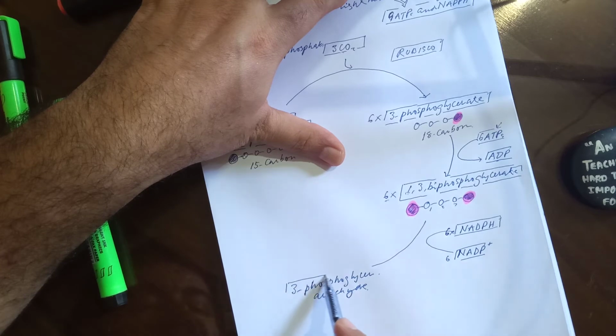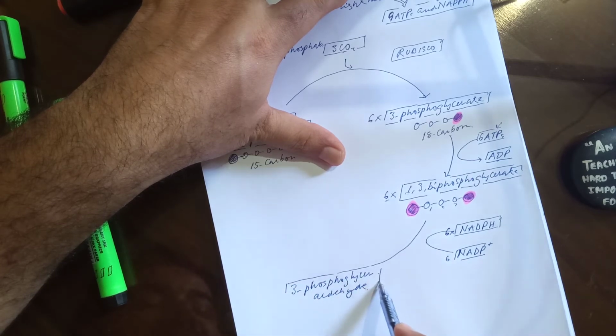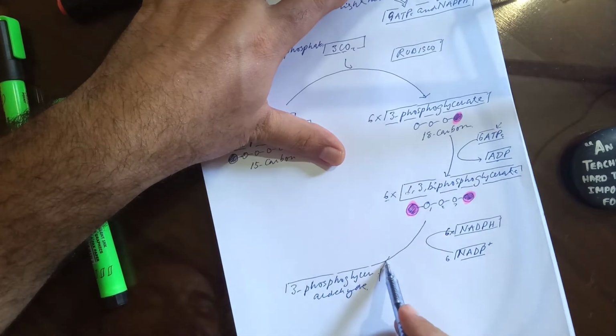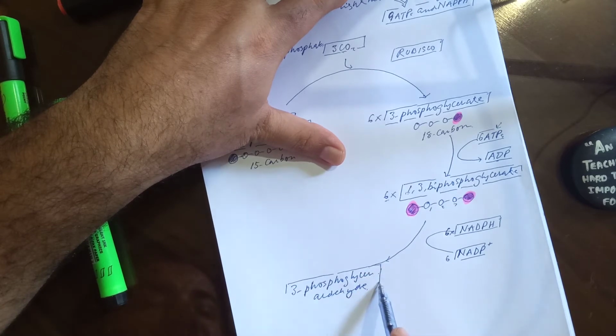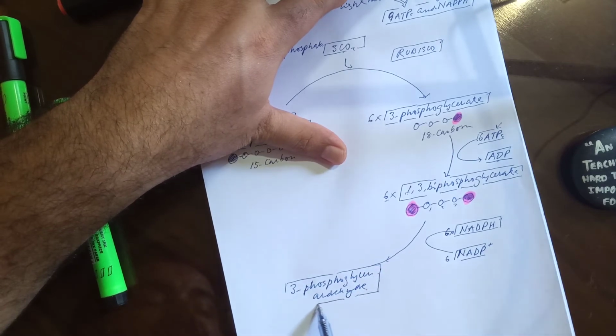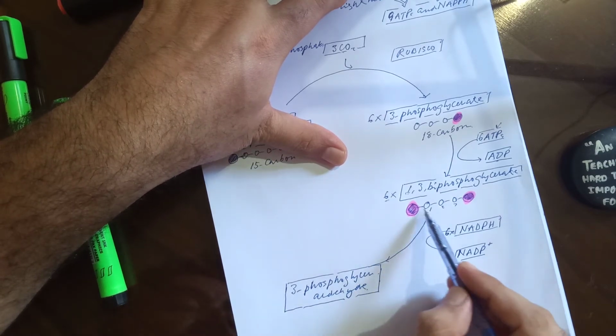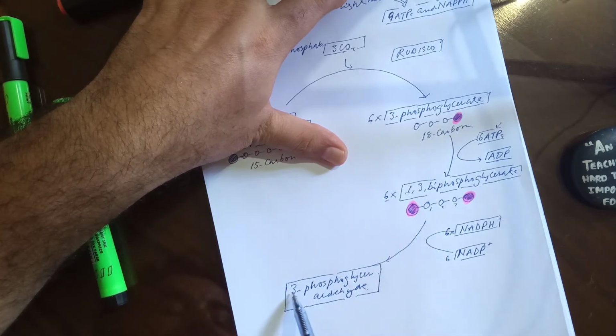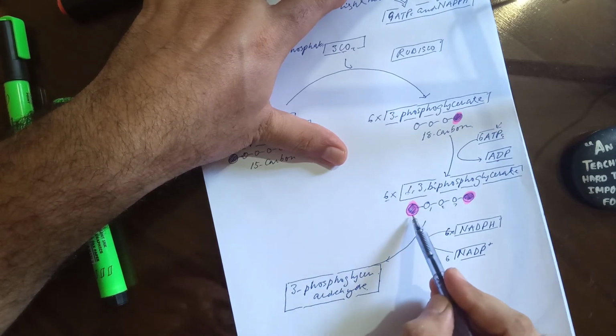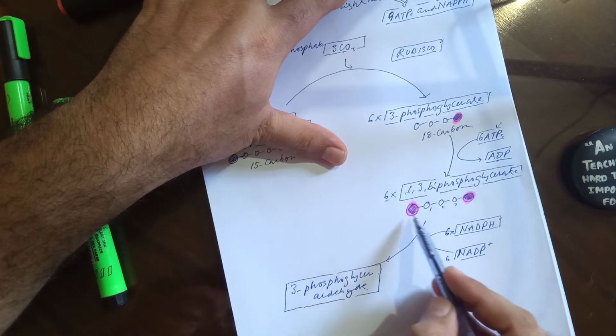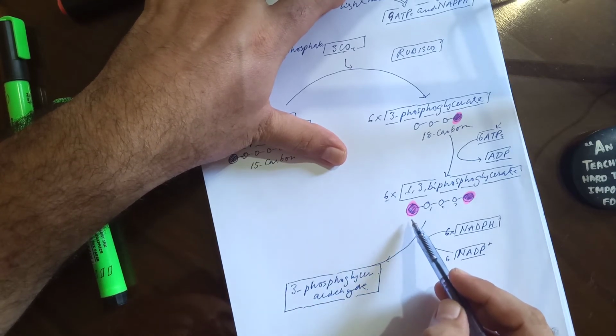It's a compound that only has a phosphate group on the third carbon. The question I have to ask myself is, where has the phosphate group on the first carbon gone? This is only the phosphate group on the third carbon. Where has this gone? And it's not just one molecule, it's 6 molecules. Certainly 6 phosphates are missing.